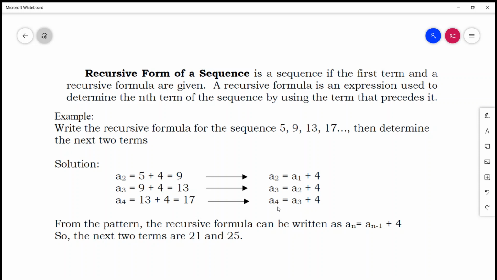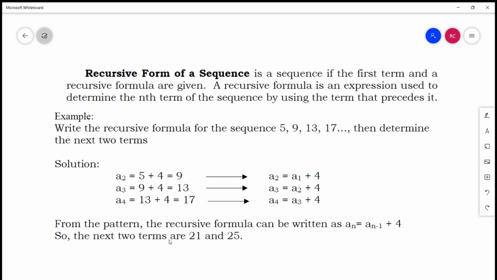Okay, so for example dito, 4, mag n minus 1 tayo, kaya siya nagiging 3. So 4 minus 1 is 3. Dito, 3 minus 1 is 2. 2 minus 1 is 1.